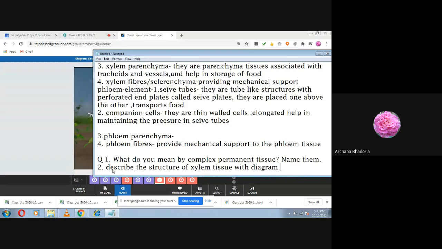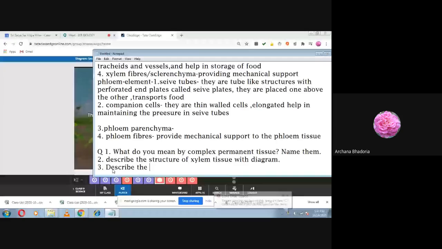Noted, everyone? Yes, ma'am. Question number 3. Describe the structure of phloem tissue with a diagram.